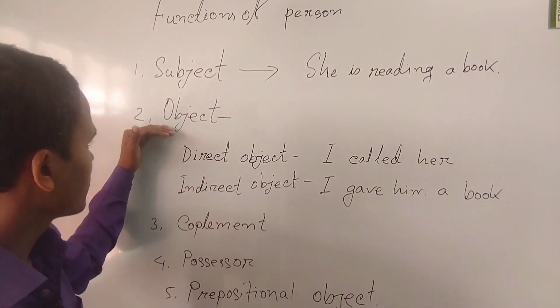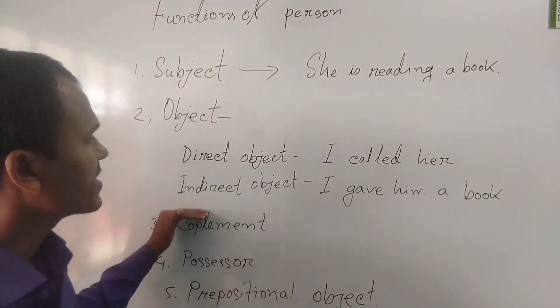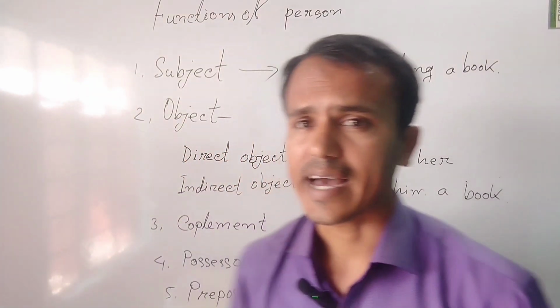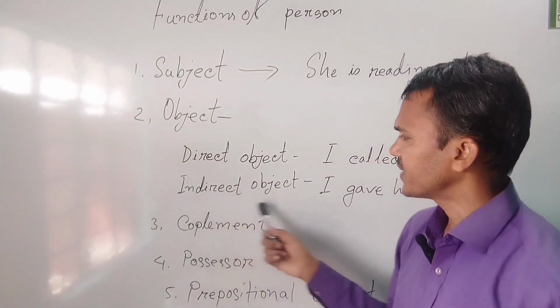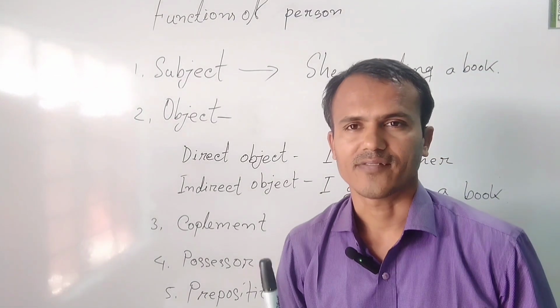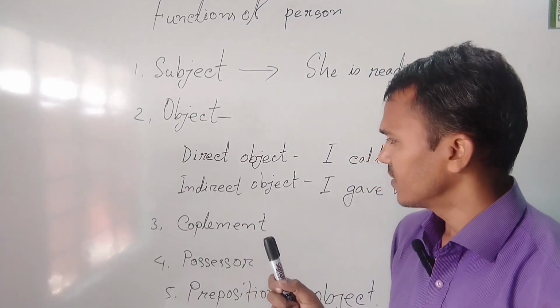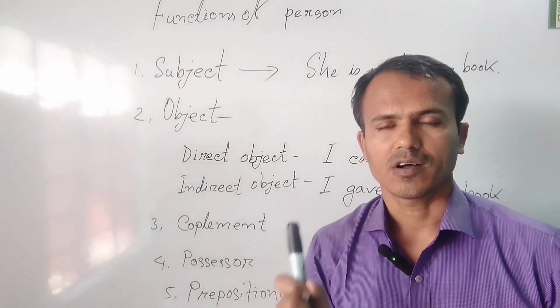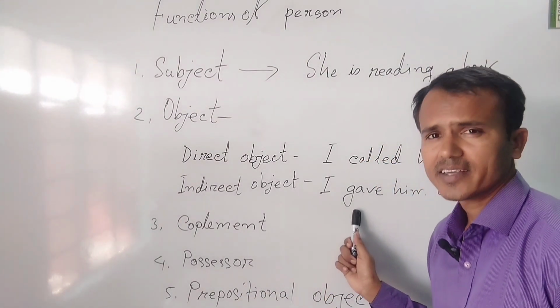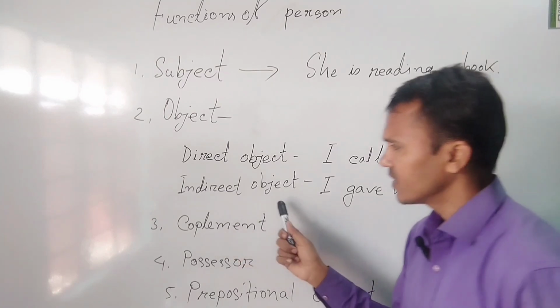The another kind of object is indirect object. Here it is important to know about indirect object. Indirect object: for whom or to whom the verb acts. Here for whom or to whom the verb acts, it is called indirect object.